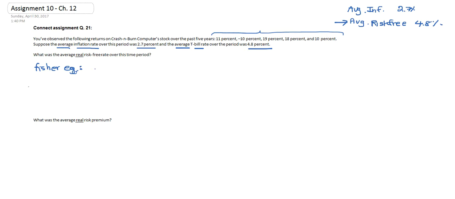In order to estimate the real return that you earn from your investment, we have to take the inflation out of that return.